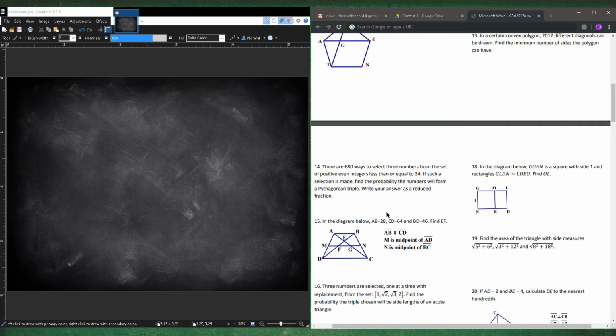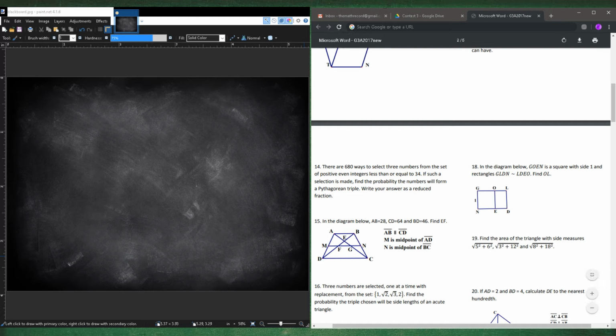Select three numbers from a set of even integers less than or equal to 34. If such a selection is made, find the probability that the numbers will form a Pythagorean triple. So positive even numbers.